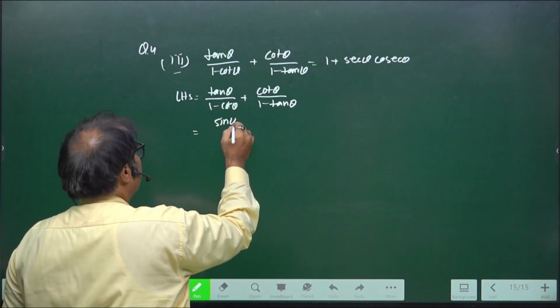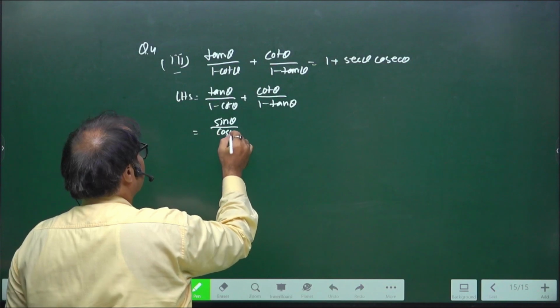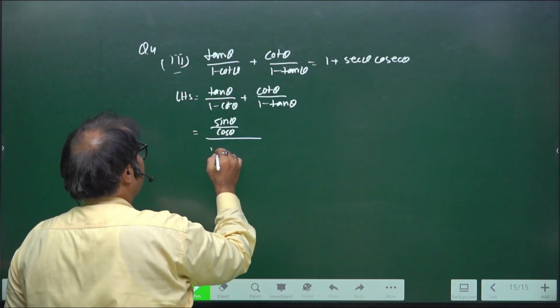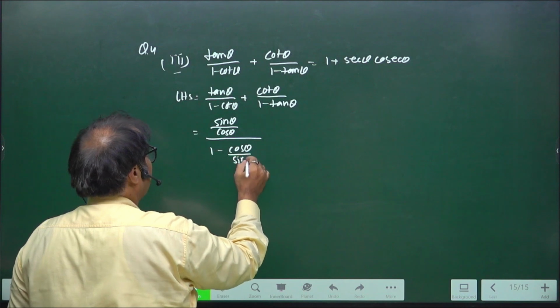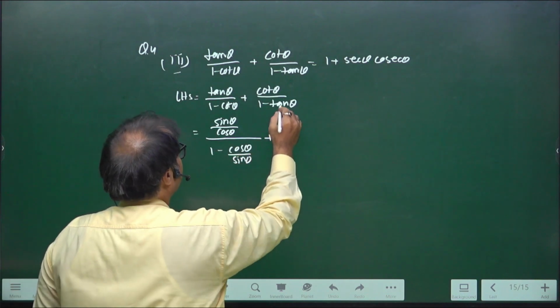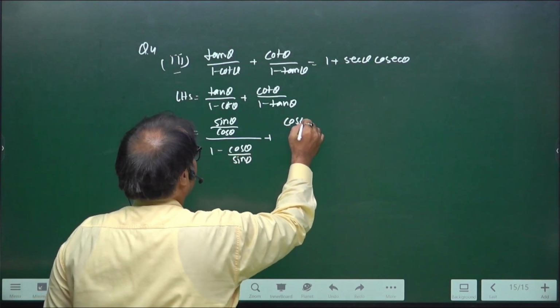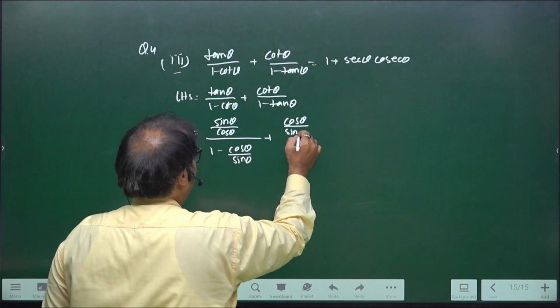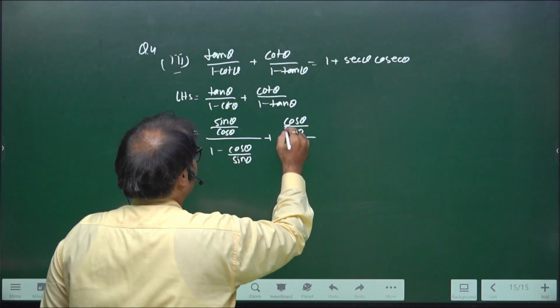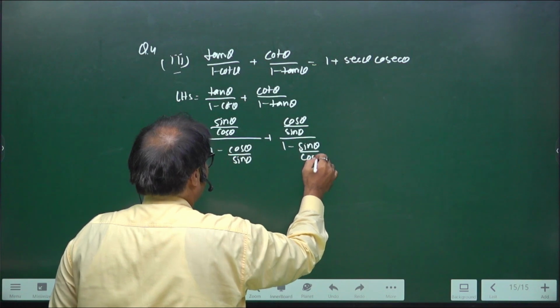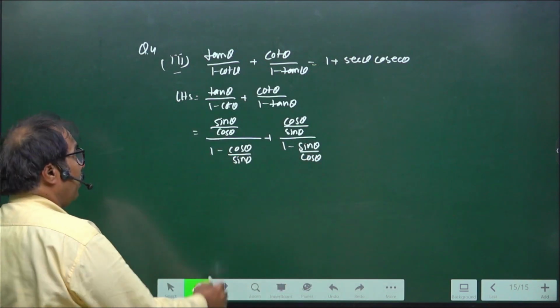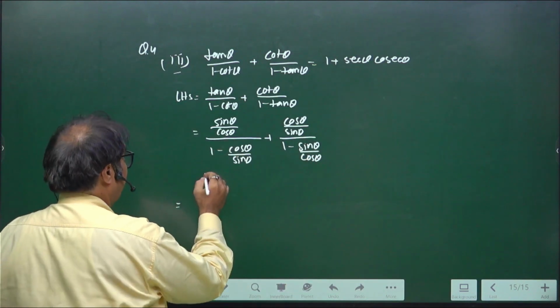So sin theta upon cos theta divided by 1 minus cot, which can be written as cos by sin. Cot theta means cos theta by sin theta, and 1 minus tan theta means 1 minus sin theta by cos theta. Okay, got it? Now take the LCM in the denominator.